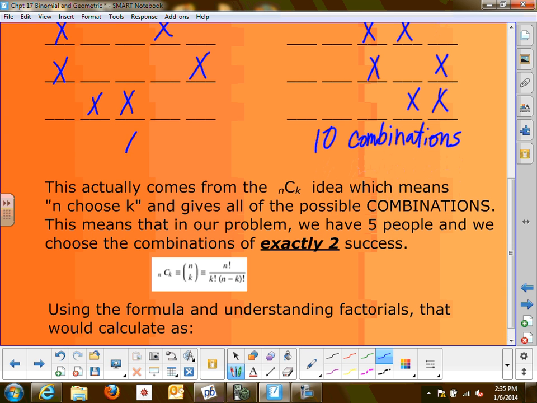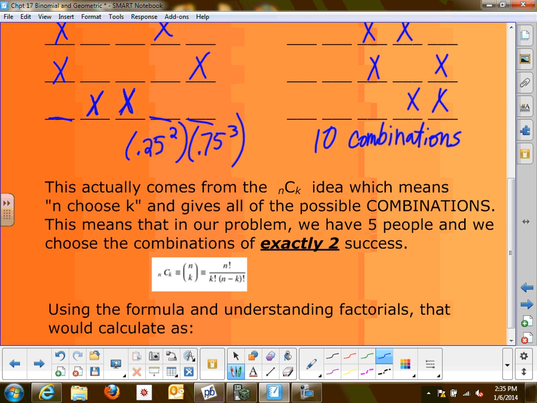So that would look like this. 2 are at a 25% chance, and 3 are at the 75% chance, right? Is that 2 successes and 3 failures? Because every single one of these lines has 2 successes and 3 failures, okay?